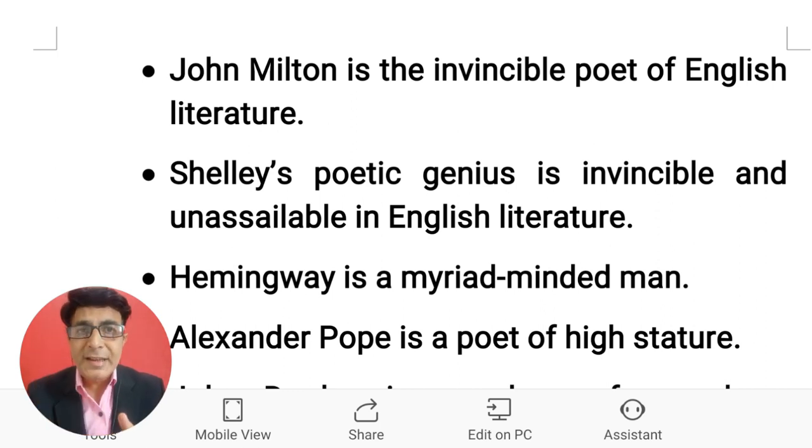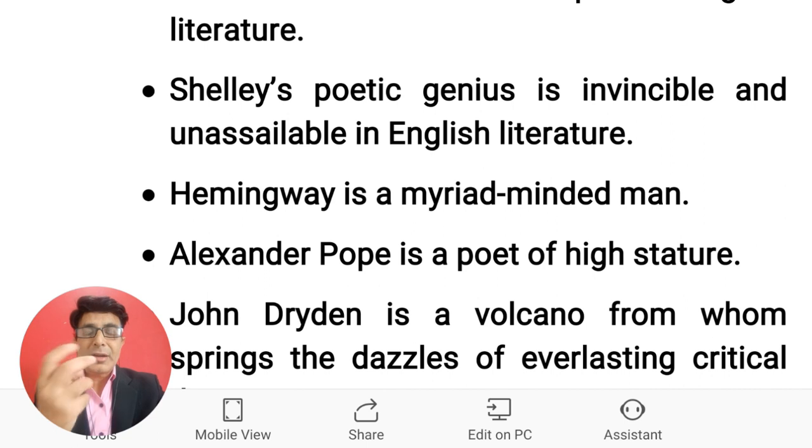So the point is, you must know how to use different, very impressive adjectives in order to appreciate the writers, right? You can say like this: William Shakespeare is a myriad-minded man, right? Or instead of Shakespeare, you can write another name.